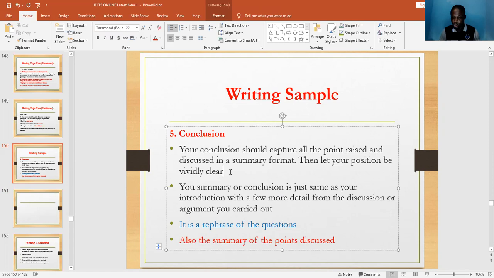And your conclusion or summary is just the same as your introduction with a few more details from the discussion or argument you carried out. It is a rephrase of the question, and also the summary of the points discussed. Okay, so that is it.